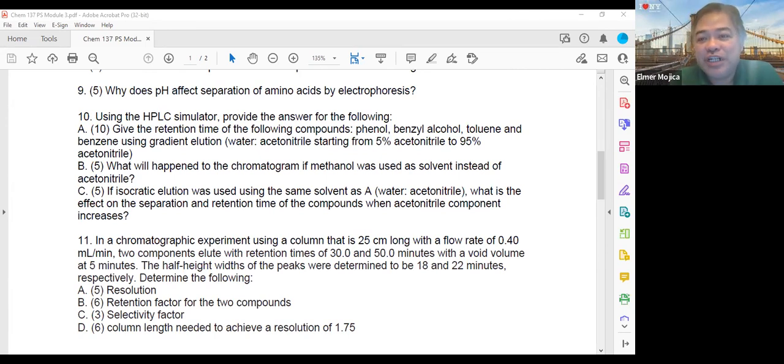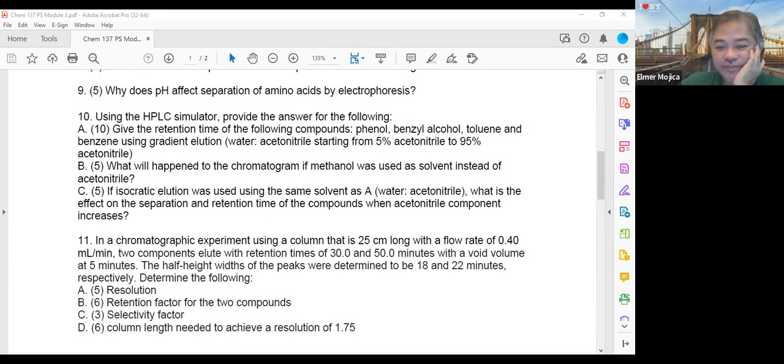It's not really one amino acid, but usually proteins, because capillary electrophoresis is used for proteins, and most proteins are made up of amino acids. So if you have a positive charge like in low pH, your protein molecules will be attracted to the negative electrode. If you have a basic solution, it will be attracted to the positive electrode. That's the way they do the separation in capillary electrophoresis.